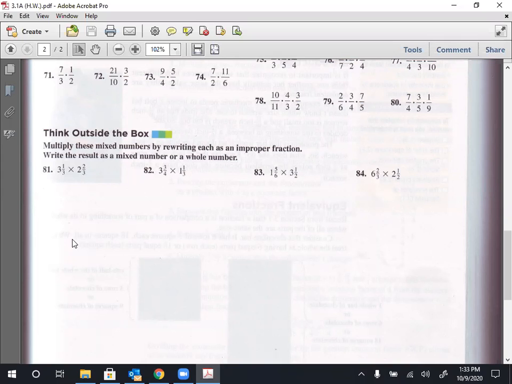We're gonna do this together. I'm gonna write it and put it in your notes. So this is number 81. It says 3 1/3 times 2 2/3.